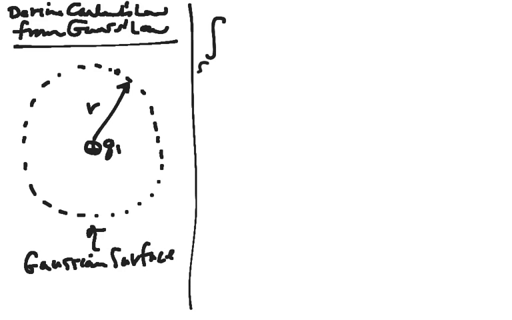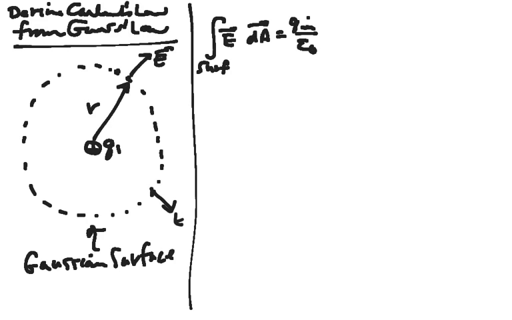So the integral over this surface of E dot dA is equal to the charge enclosed over epsilon naught. Well, everywhere on this surface, the E field will be going radially outward, away from the charge.